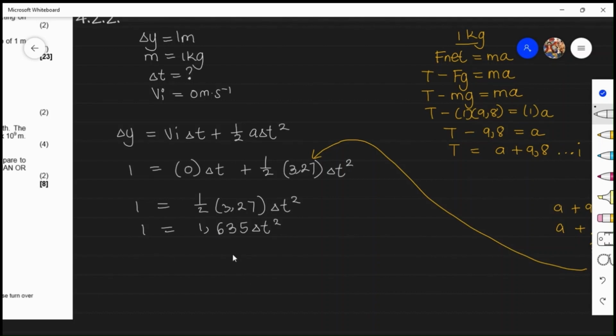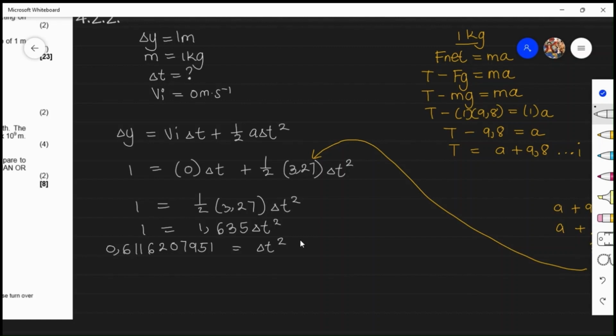From this point we can divide both sides by 1,635, and that is then going to give us 0,6116207951 equals delta t squared.